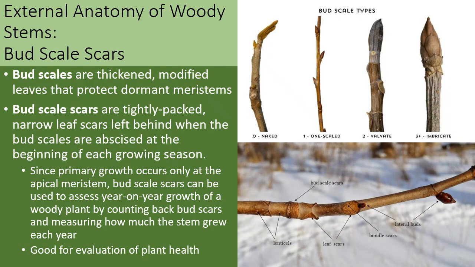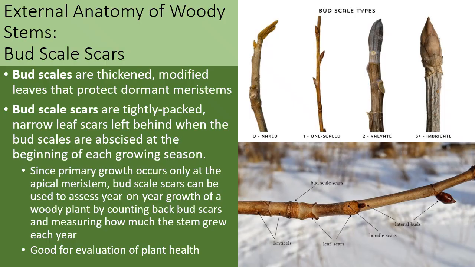We also, in our woody species, especially our temperate woody species, often see bud scales. Bud scales are these thickened, modified leaves, and they're protecting the dormant apical meristems and also axillary meristems during the winter. So they are often these really thick, waxy, or hairy leaves that are protective in nature.